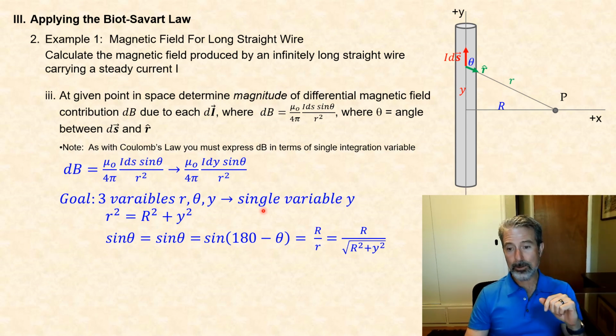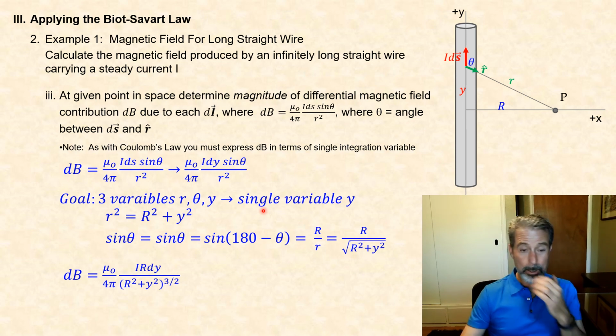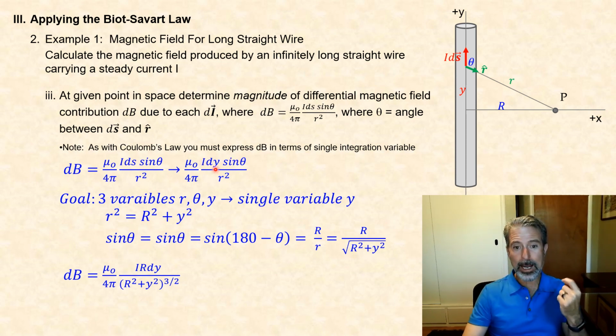So with those two expressions, we can now write this expression for dB in terms of a single integration variable, and it's going to look like this. We've got mu naught over 4 pi, I, times dy. Remember, r squared in the denominator becomes R squared plus y squared, and sine theta becomes big R over the square root of R squared plus y squared.